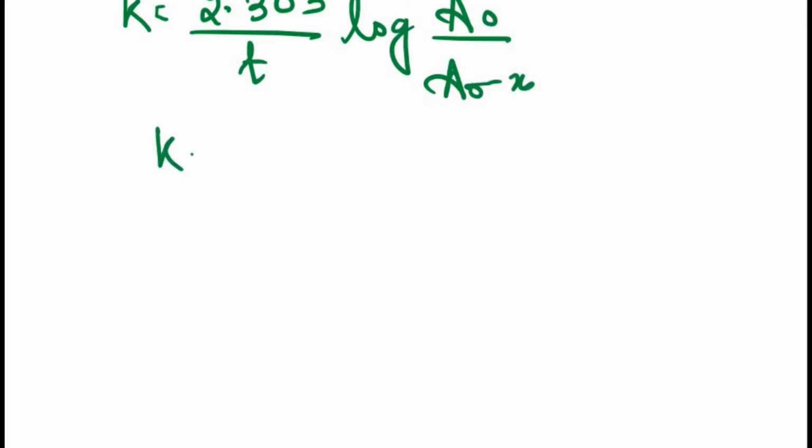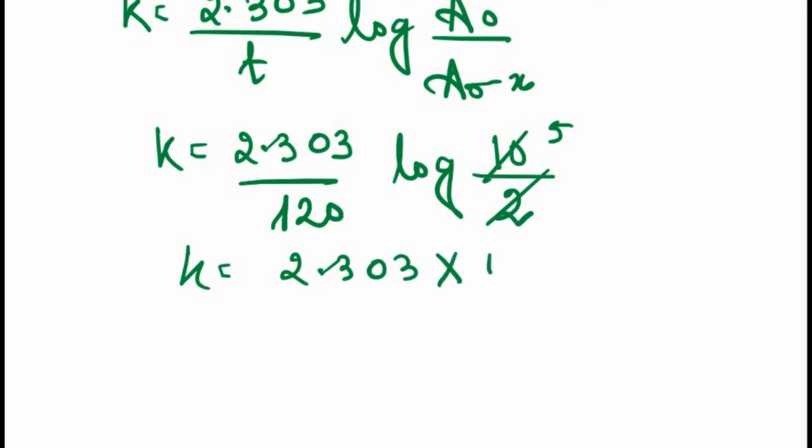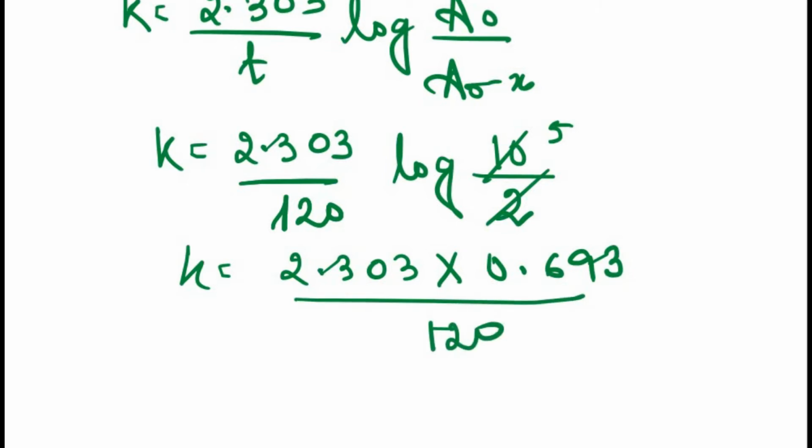Right? So time is 120 seconds. Substitute it on your formula. And log of initial moles was 10 and final moles was 2. Log 5 value is already given to you. 2.303 into 0.693 by 120 seconds, right?